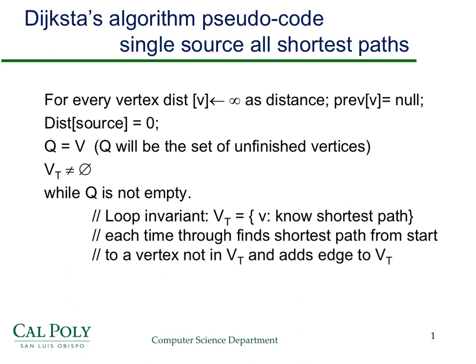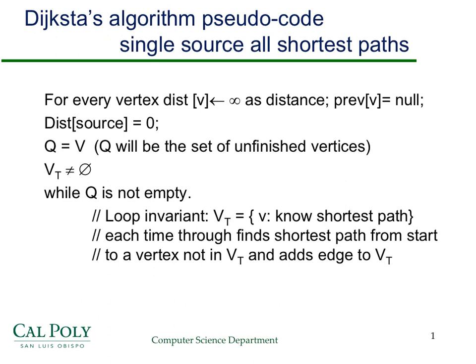Again, the idea is you are growing trees, one vertex and edge at a time, and the way you grow the tree is you add the vertex and its associated edge that gives you the shortest path to that vertex. So you're uncovering the vertices basically in order of the length of their shortest paths.